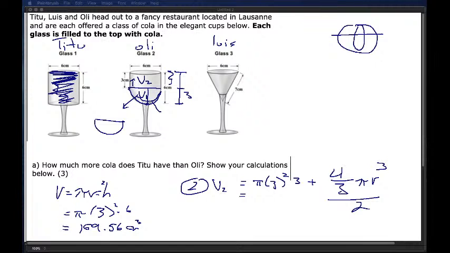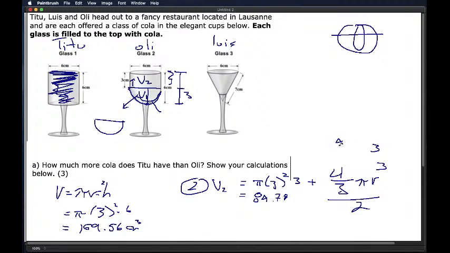So if I do pi times 3 squared times 3, this bit here gives me 84.78. Now my radius is the same for this thing. My radius for the circle is 3 again, right?